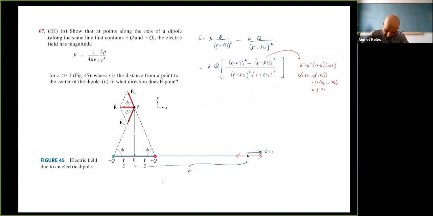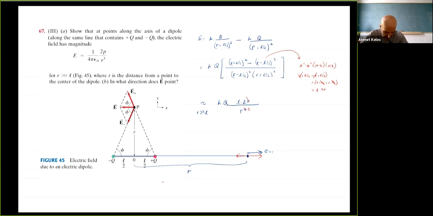So what I'll end up with, under the condition R much larger than L, is KQ times L times 2R divided by, if I neglect these terms, R squared times R squared, which is R to the fourth. Cancel R with this, and this is R cubed.